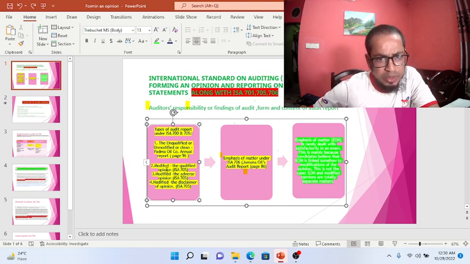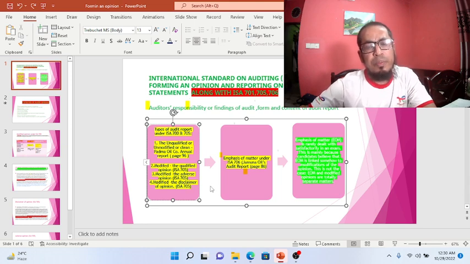Audit reports are mainly two types: unqualified or unmodified, and modified. Modified opinion is three types, that's all, four types in total. Modified opinion is qualified opinion, ISA 705. Adverse opinion is also 705, and disclaimer 705.